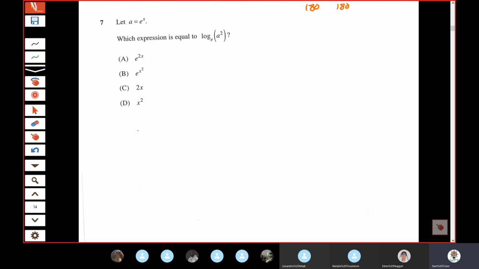Number 7. Anyone got this one out? D. C, B, C, B. Anyone at home knows? ln a squared.